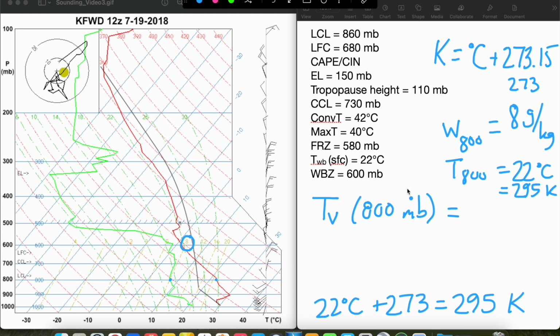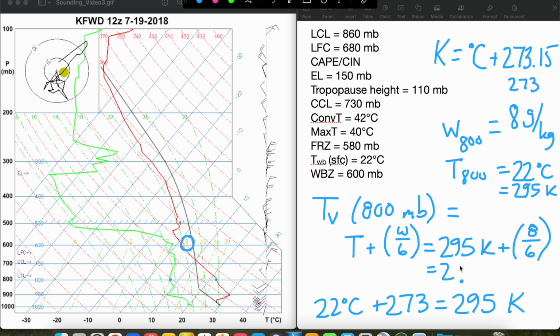So all we do is we use our equation: we take the temperature plus the mixing ratio over 6, that quotient there. So 295 Kelvin plus our mixing ratio, which is 8 grams per kilogram, over 6, which happens to be 1.33. So 295 plus 1.3 gives us a virtual temperature at 800 millibars of 296.3 Kelvin.